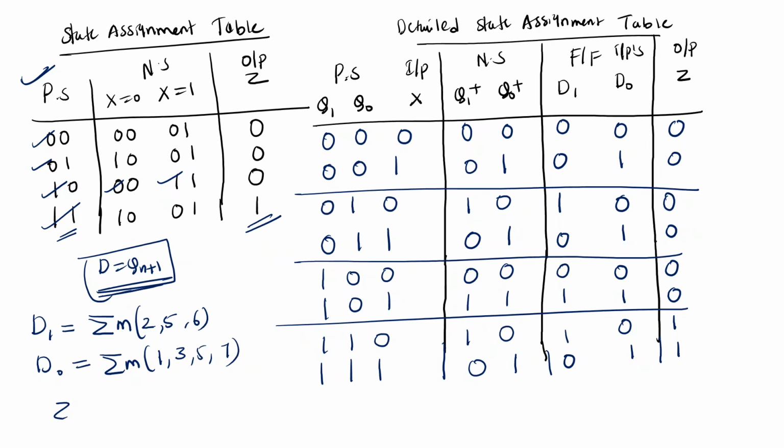Z equal to summation of M of 6, 7. Draw the K-map and get the expression. Inputs are Q1, Q naught, and X.